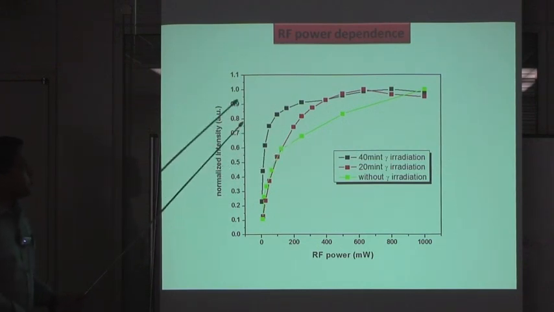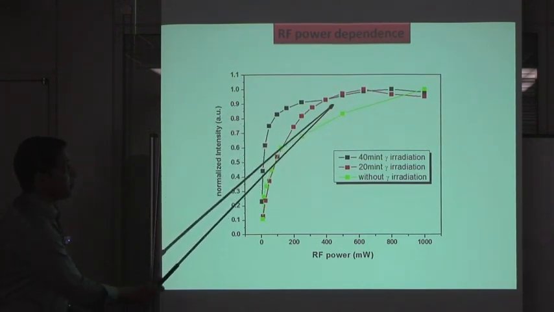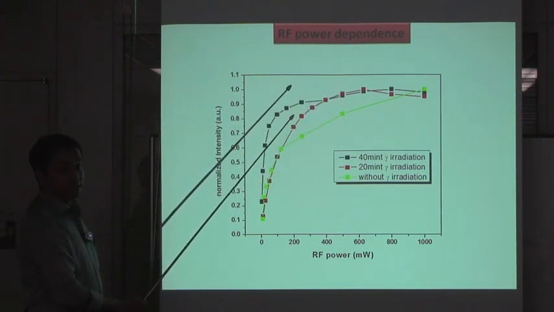The other reason could be that in this sample we see recombination between the surface centers and the donor electrons. These surface centers are paramagnetic centers, and they might lead to decoherence of the phosphorus electrons. But I'm not sure whether the T2 time of phosphorus has any effect on the power dependence.